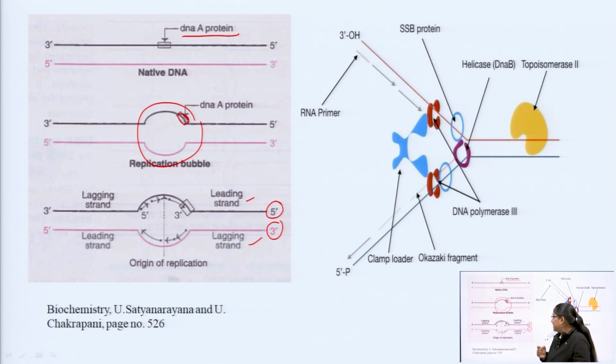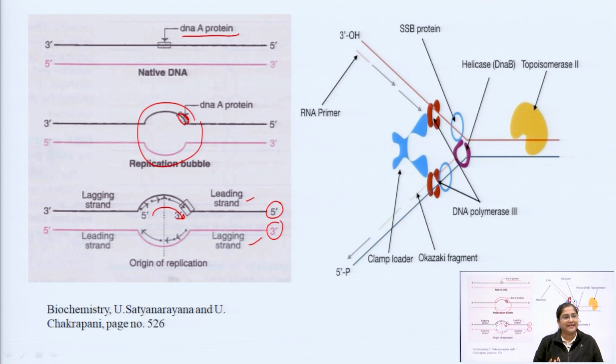What is leading strand? Leading strand means when there is the synthesis of daughter DNA in continuous form. That means the DNA will form in the continuous form like this. The new DNA will synthesize this way from 5' to 3'.